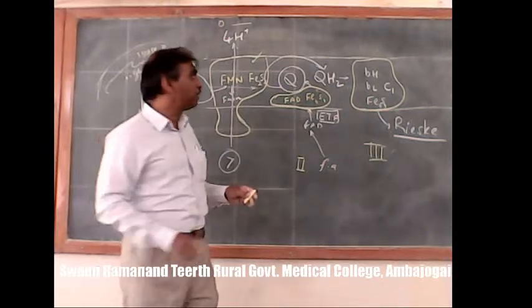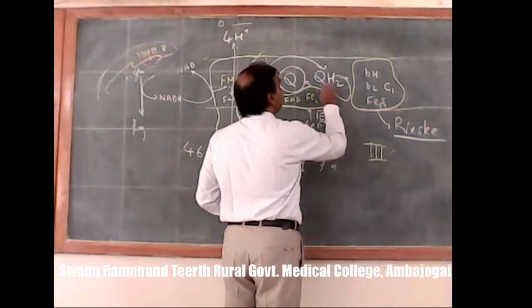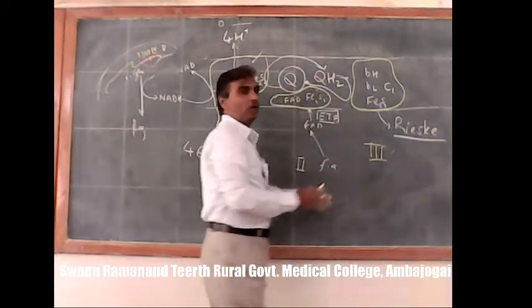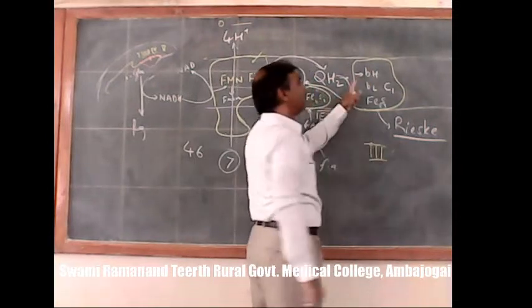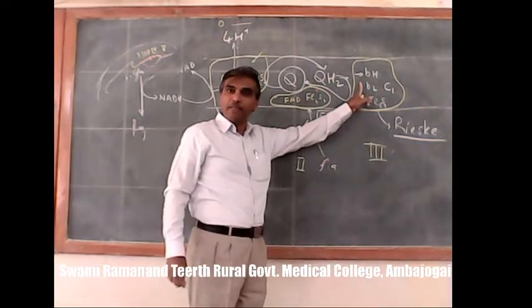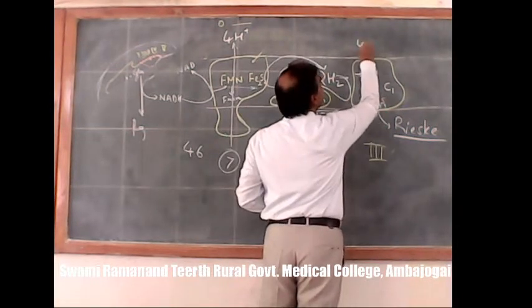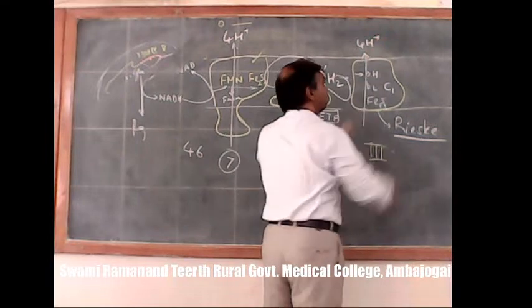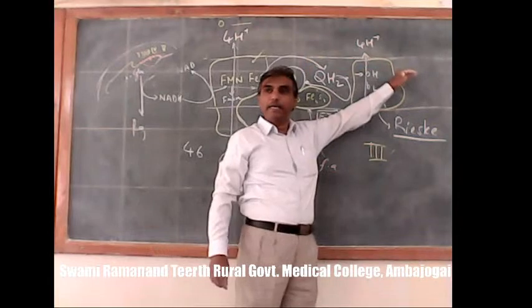Now what happens here? Again the QH2 is converted into Q. It donates its electrons to complex 3. Complex 3 also pumps 4 protons while transferring the electrons.